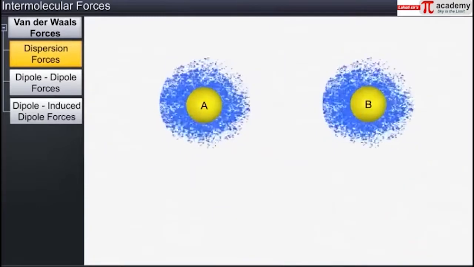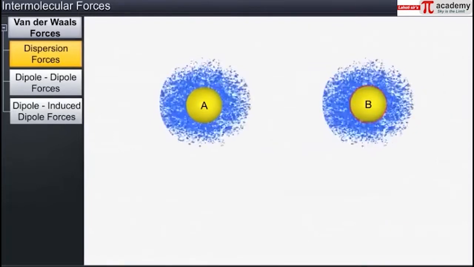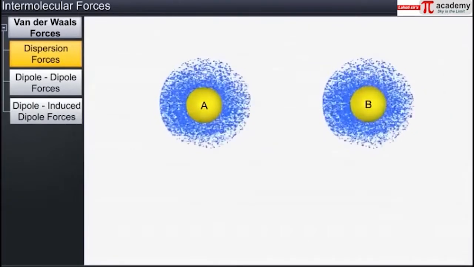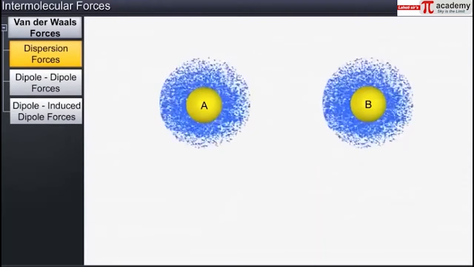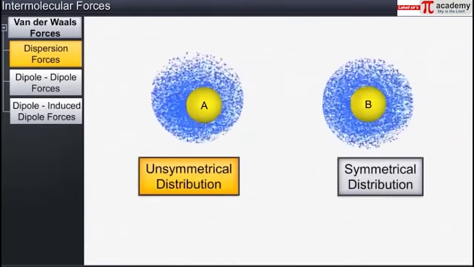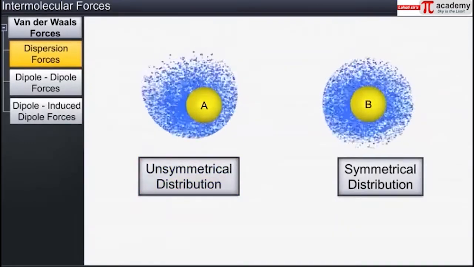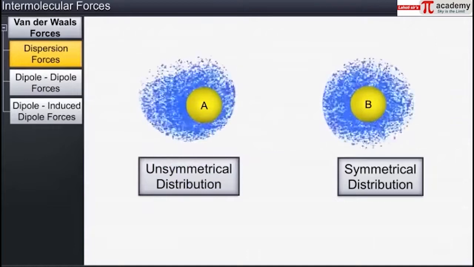Suppose we have two atoms labeled as A and B in close vicinity. For a moment, let's assume that the electron cloud distribution in atom A becomes unsymmetrical. That is, the electron cloud is more on one side than the other.